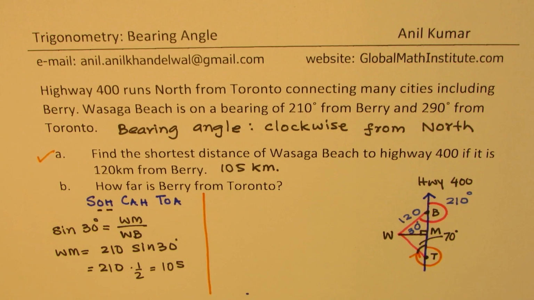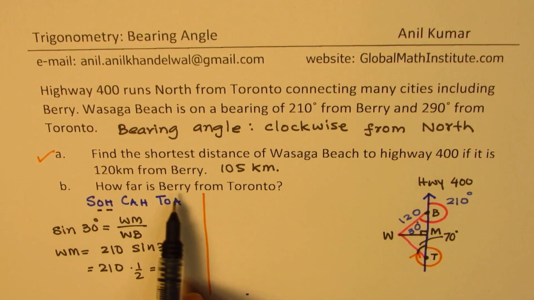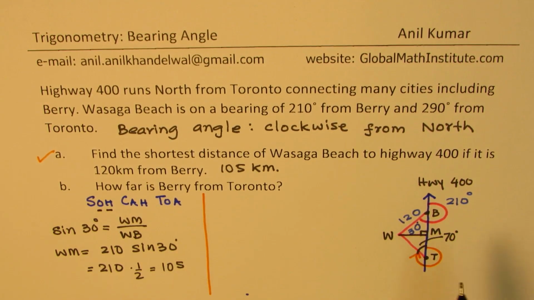Now let us see how to find how far Barrie is from Toronto. Since we know the shortest distance, we can use the other triangle and find TM. We can find BM. So we can solve two triangles to find BM and TM. Or we can use the sine law.